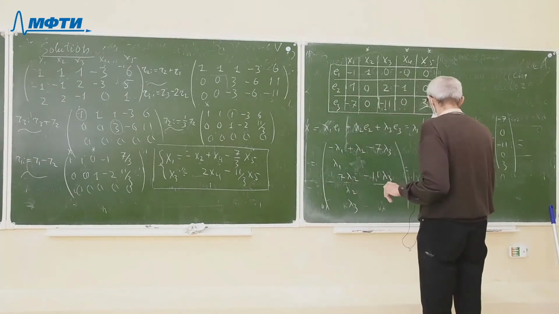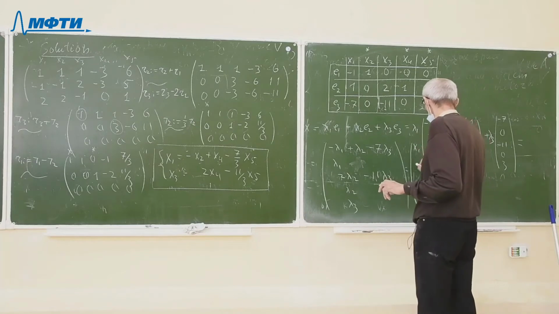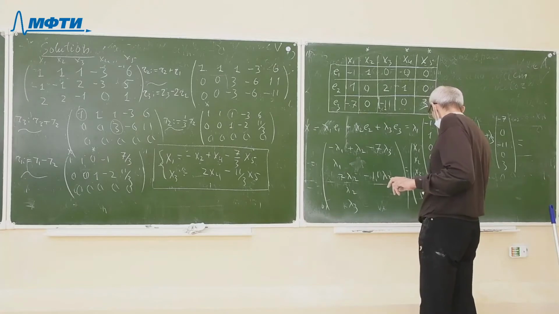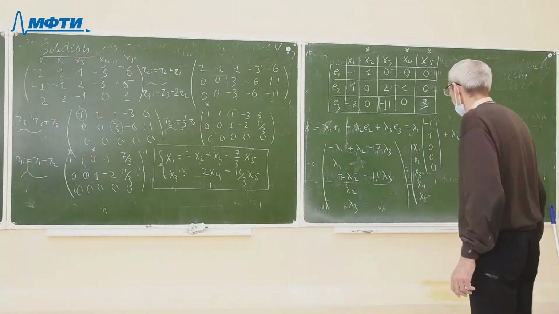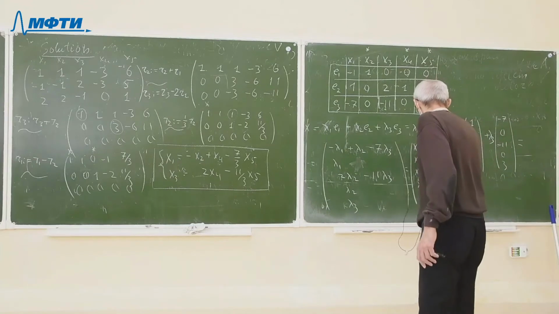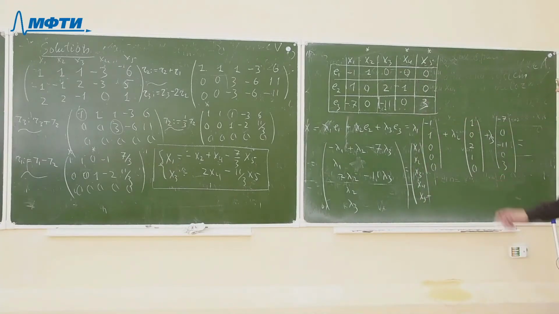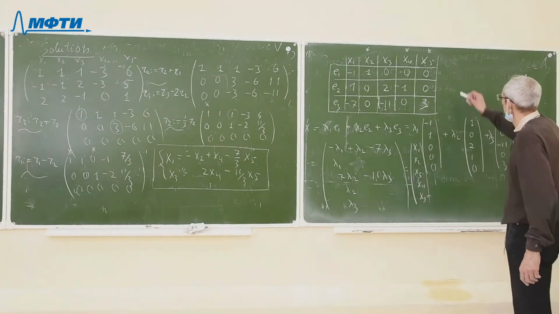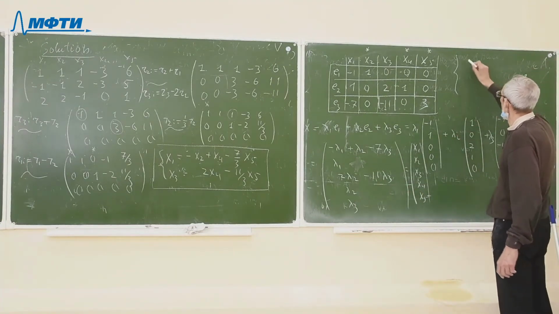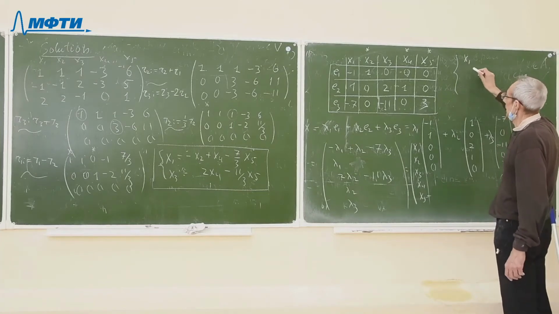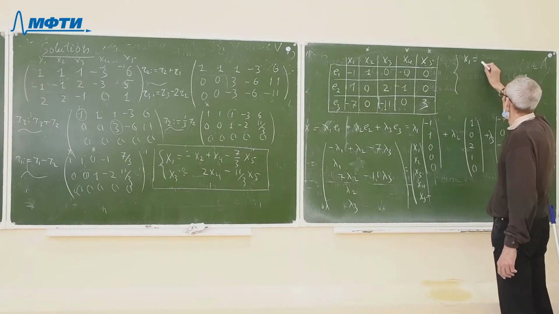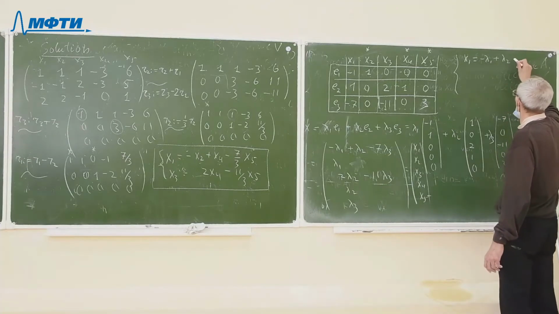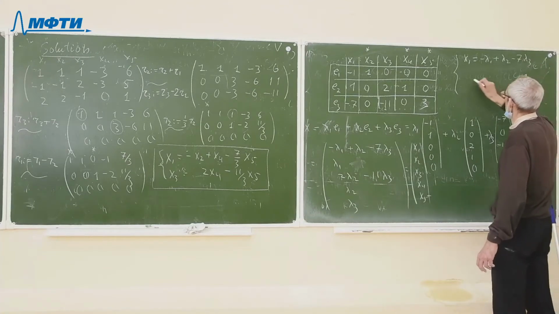And the arbitrary solution x1, x2, x3, x4, x5. I can rewrite this equality as the following system. x1 is equal to minus lambda 1 plus lambda 2 minus 7 lambda 3.